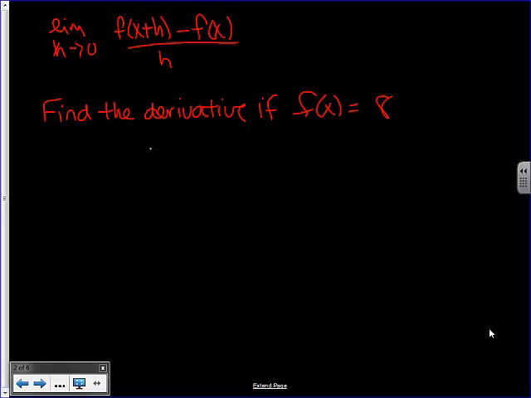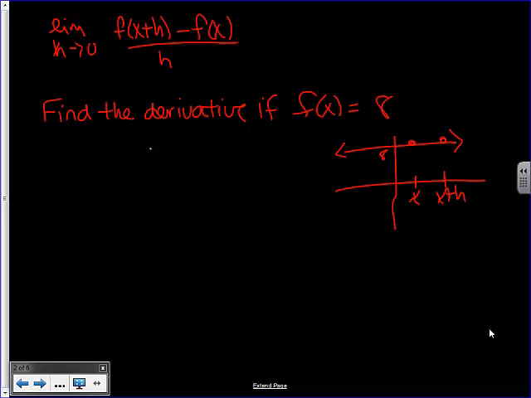Well, we know our formula, but with this one we might want to think about it a bit. If I draw a horizontal line, and f of x equals 8, that's just a straight horizontal line at 8, correct? And I say this is x, and this point is x plus h, well, what are both of those y values going to be?